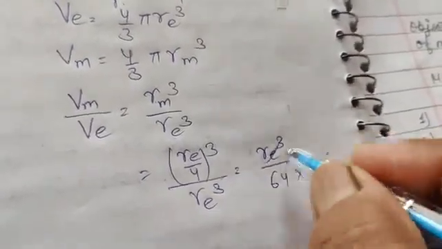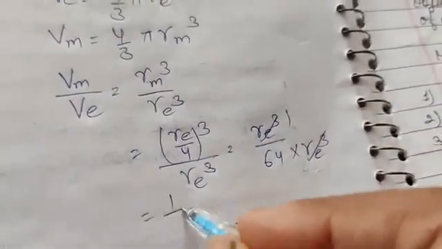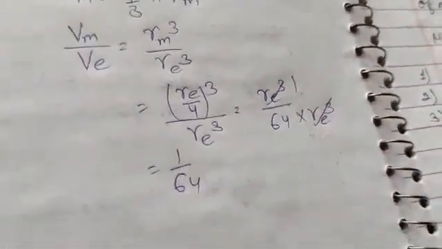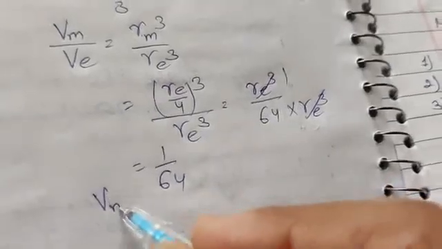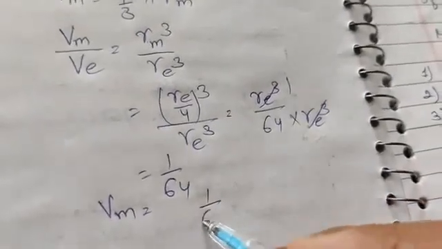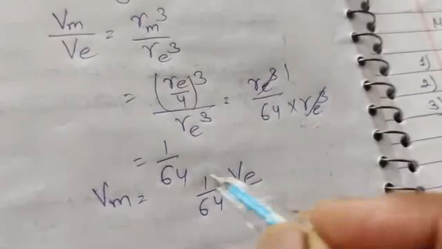Cancel. The ratio becomes 1:64. The volume of the moon is 1/64 of the volume of the earth.